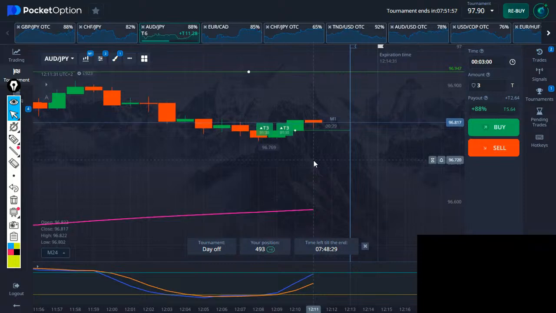So always use higher time frames to give you a more holistic view, a general view of where this trend is going. This is why I like to trade this way.